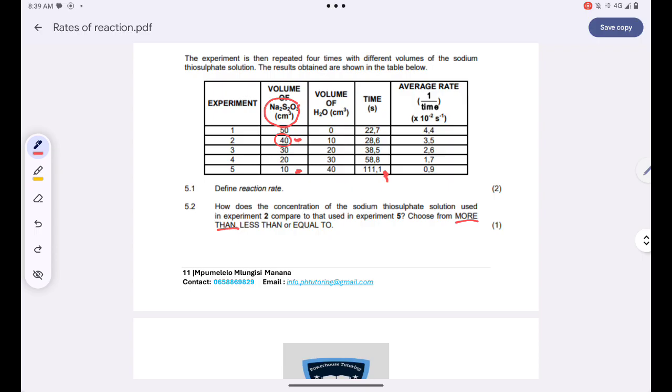When the volume is 30, average reaction rate, that's 1.7. And when the volume is 20, average reaction rate, that's 1.7. When the volume is 10, average reaction rate, that's 0.9.